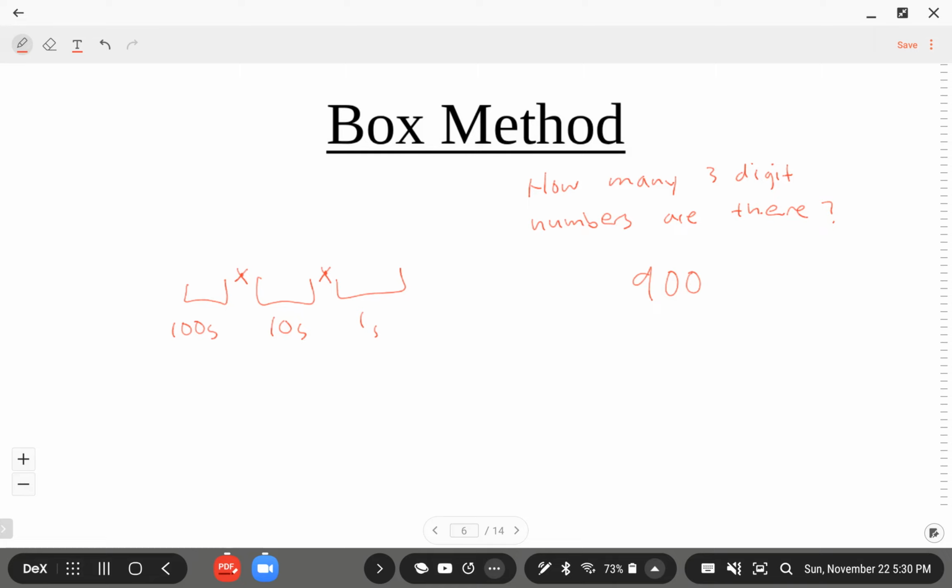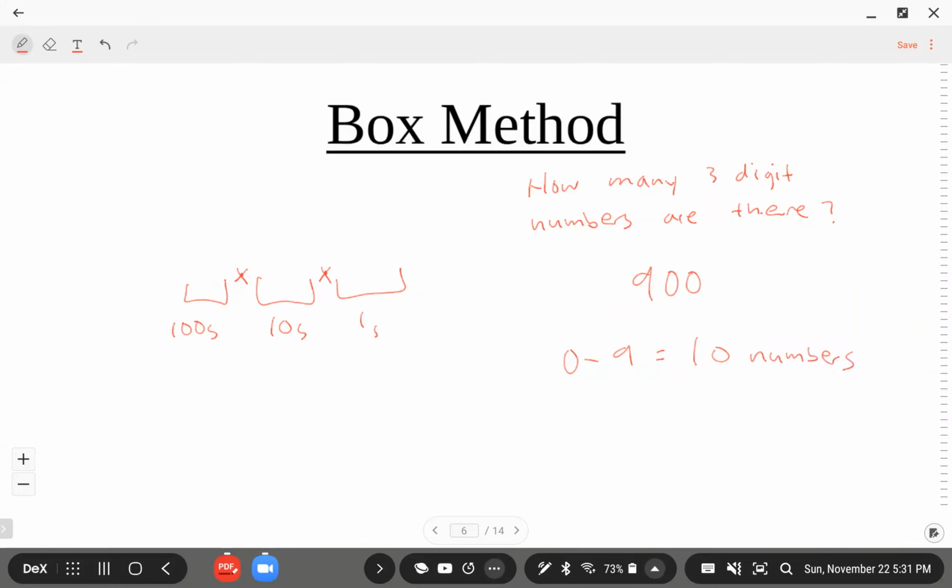So how many numbers are possible for the hundreds digit? You can have 365. You can have 999, 110. Those are all 3-digit numbers. But what we need is how many numbers are possible. 0 through 9 is 10 numbers, right?